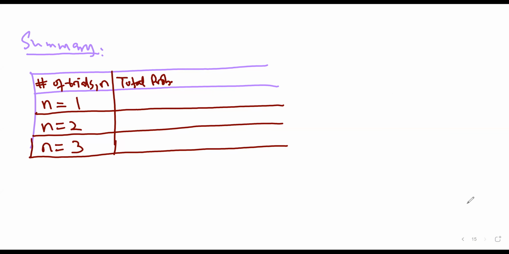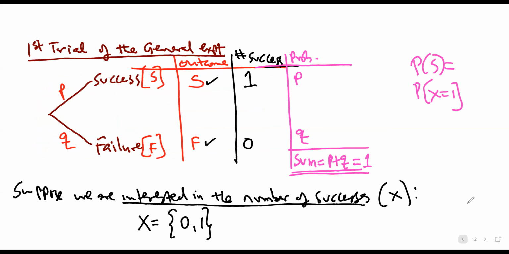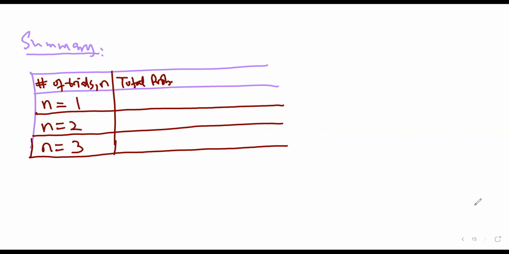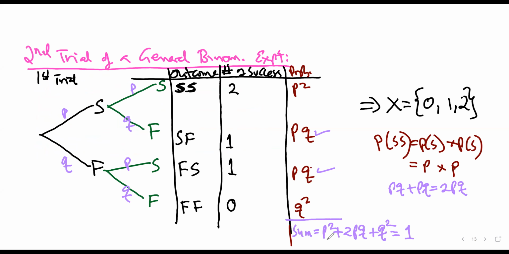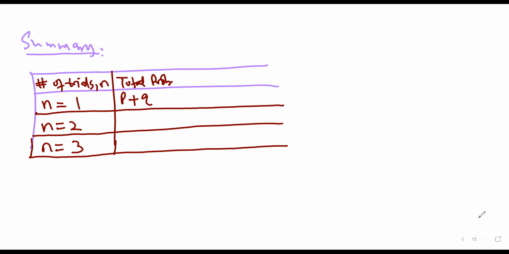So let's summarize the information in this table. When we have one trial, the expression for total probability is P plus Q. When we have 2 trials, the expression for total probability is P squared plus 2PQ plus Q squared.